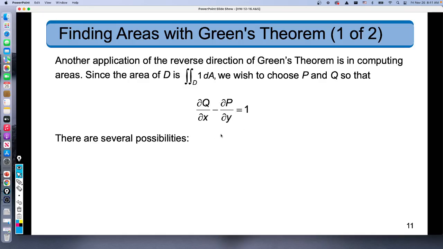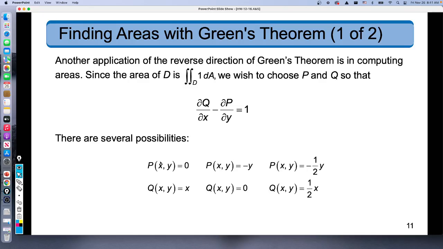There are several possibilities for this. We could say P of x y is 0, right? So if you take that, that's 0, and then Q of x y would be x, and so when you take its partial, you get 1. 1 minus 0 is 1.